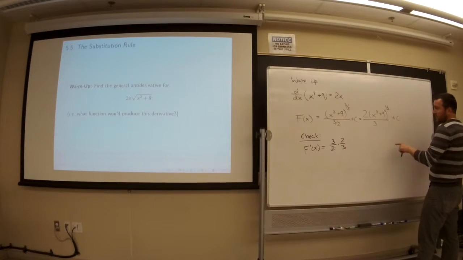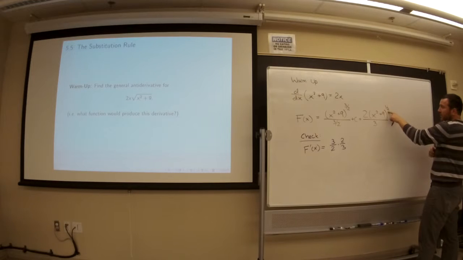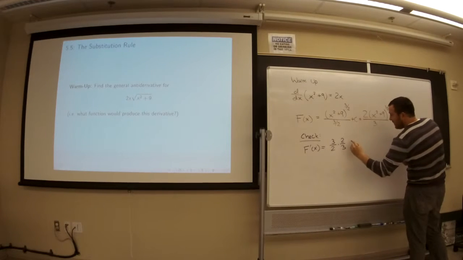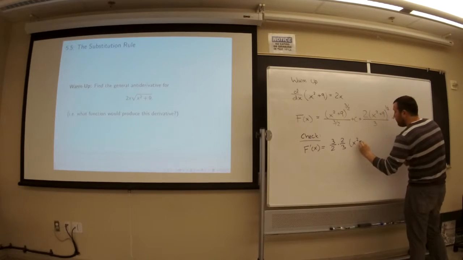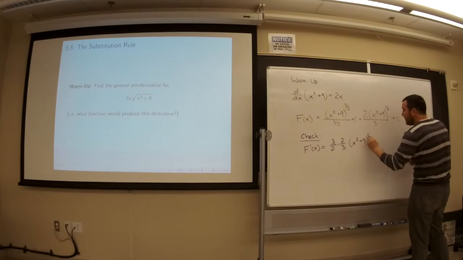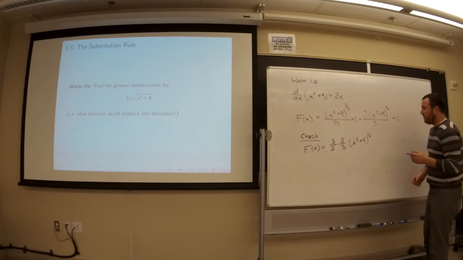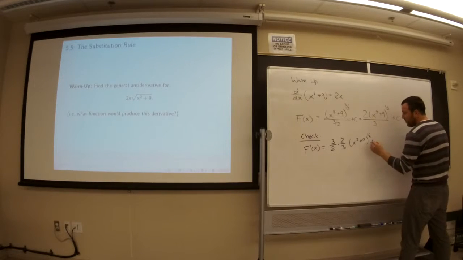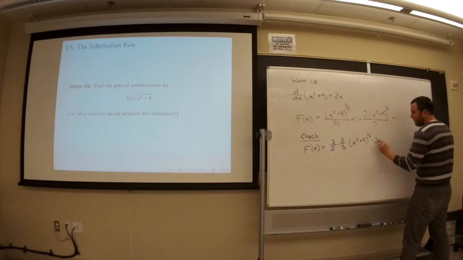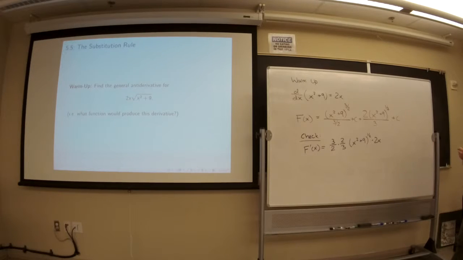And then we'll decrease the power by 1, so that'll give us our half power, (x squared plus 9) to the 1/2. But now we have a function inside of that power, so we've got to multiply by the derivative of the inside to use the chain rule, so times 2x for that derivative of x squared plus 9.